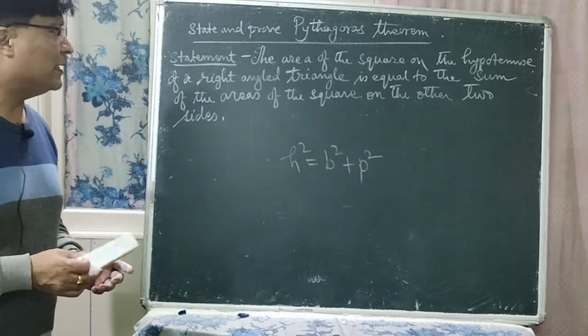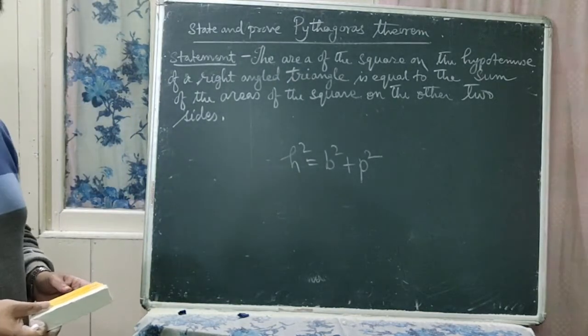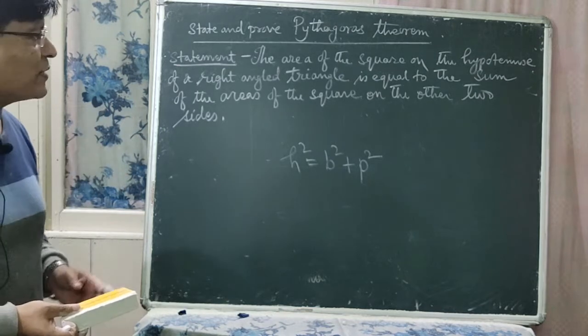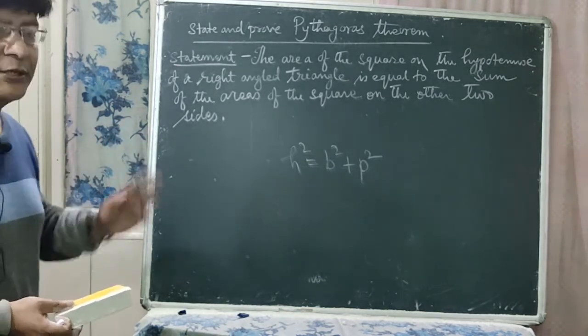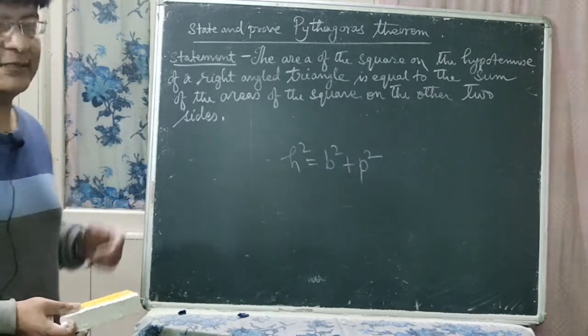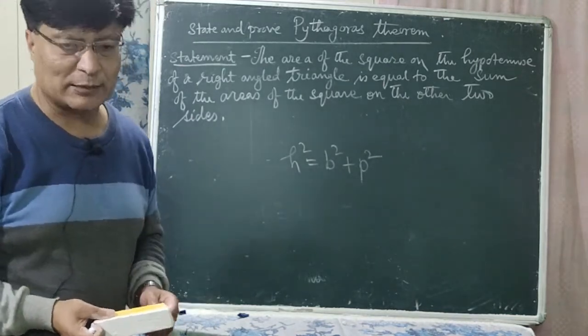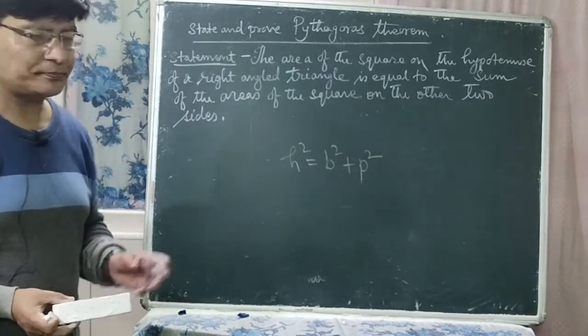The area of the square on the hypotenuse of a right angle triangle is equal to the sum of the areas of the squares on the other two sides. On the other two sides means it is perpendicular and base. So this is the statement of Pythagoras theorem.